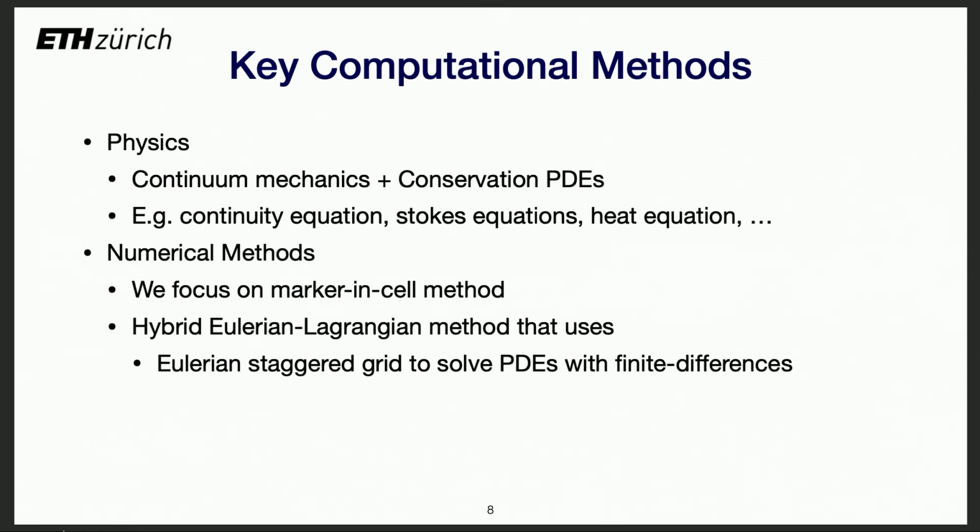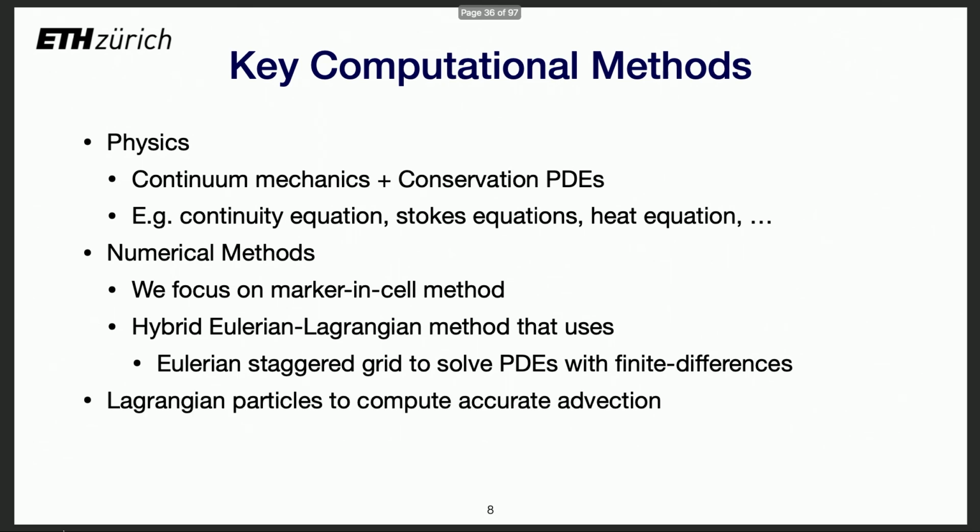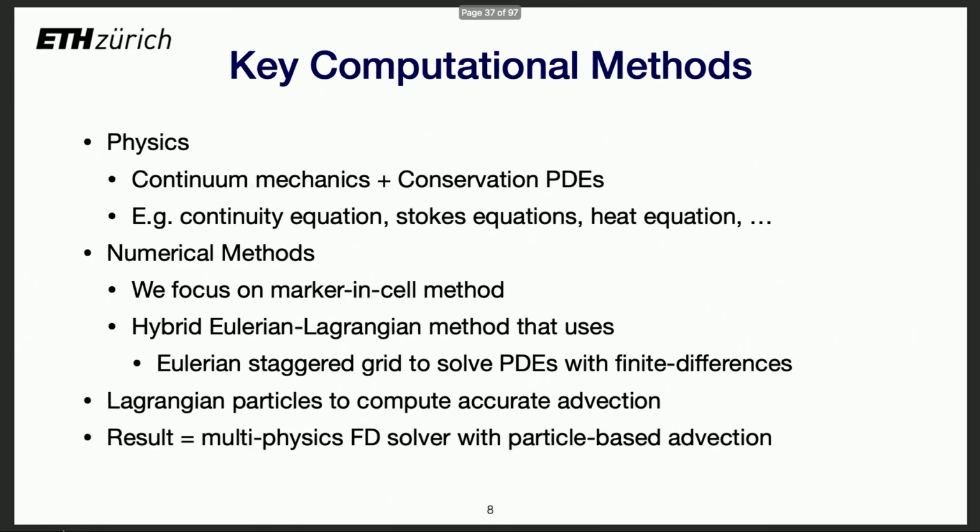And in terms of numerical methods, at least what I'm focusing on is the marker-in-cell method, which is essentially a hybrid Eulerian-Lagrangian method that uses both a Eulerian staggered grid to solve the PDEs with a finite difference scheme, as well as Lagrangian particles that are used to compute very accurate advection so that we avoid numerical diffusion. And the result is essentially this kind of multi-physics finite difference solver with particle-based material advection.